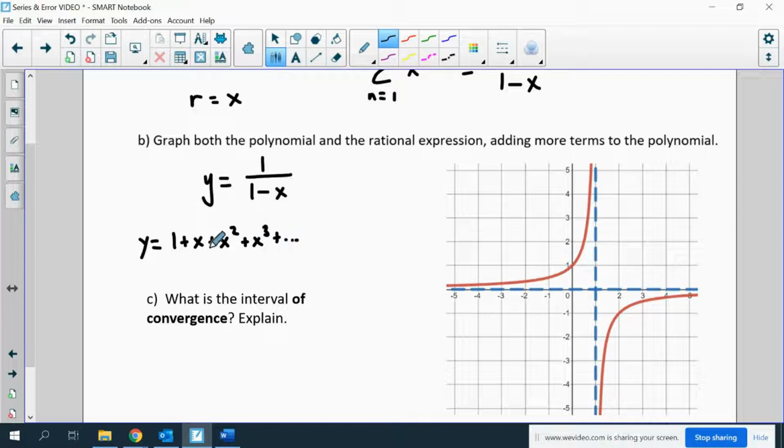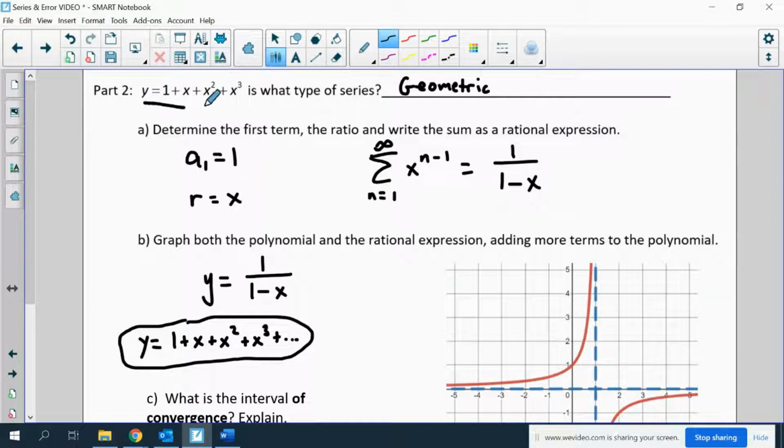So if I continue to do this, it should end up equaling this. So this graph of the red y equals 1 over 1 minus x should equal this thing, because our claim was I can rewrite this as this rational expression.